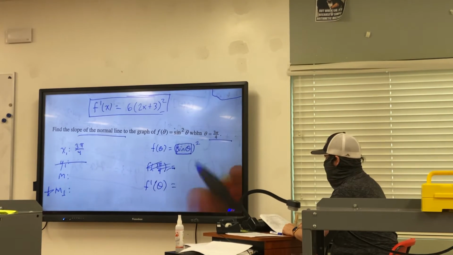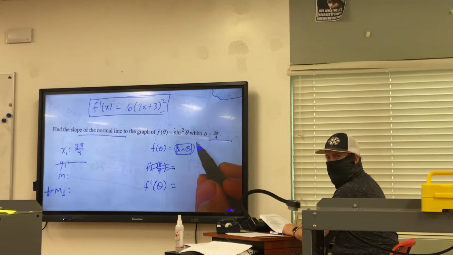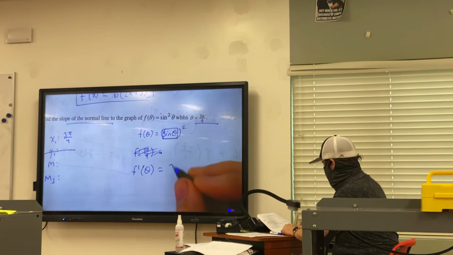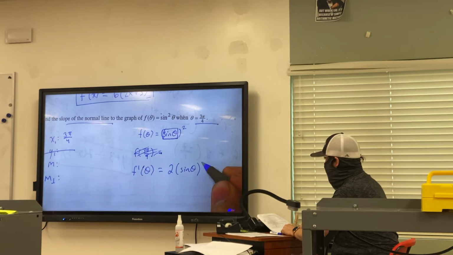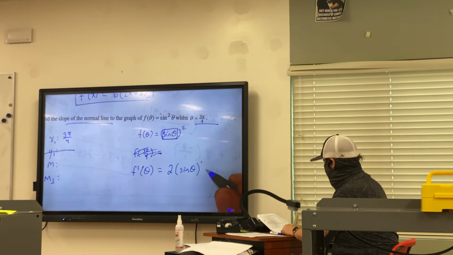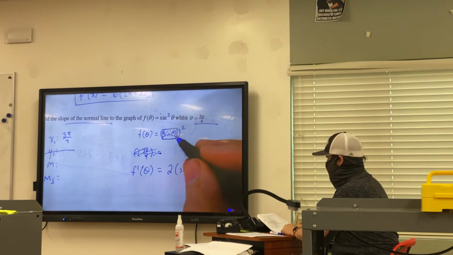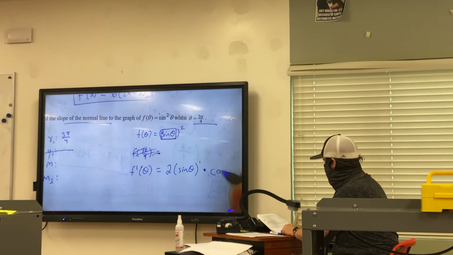So we said it was box squared. What's the derivative of box squared? It's 2 times the box, which is sine theta, and I don't have to write the power. I left it original, then times the derivative of the box. What's the derivative of sine theta? Cosine theta.